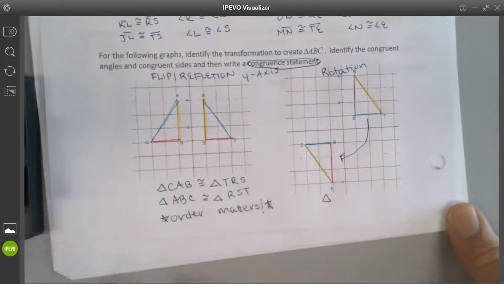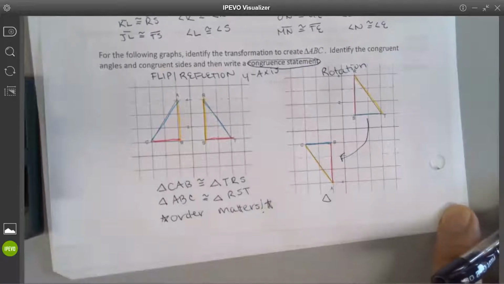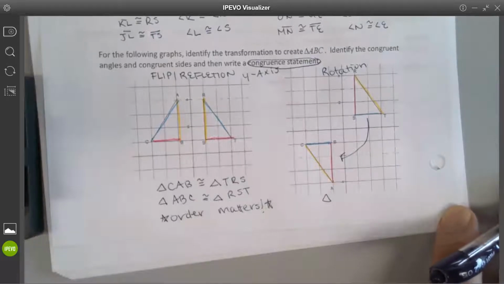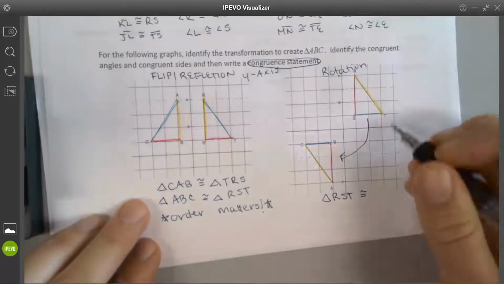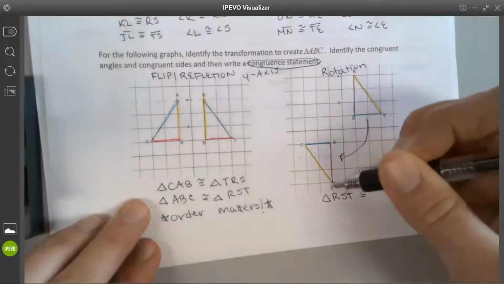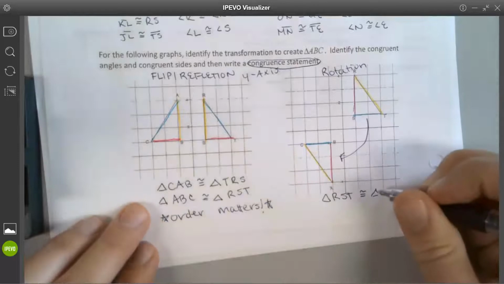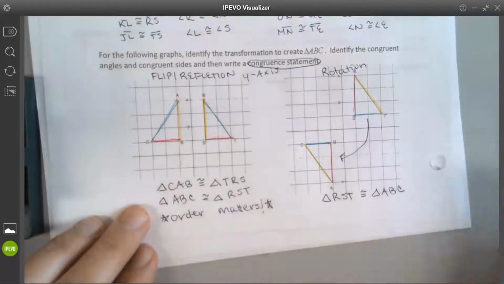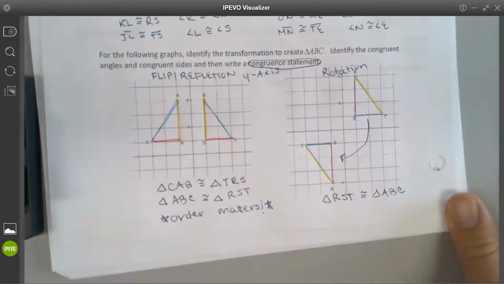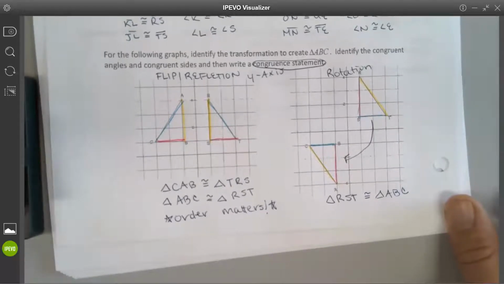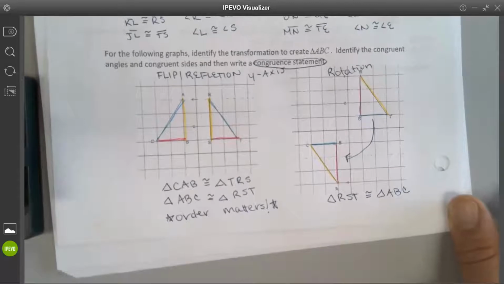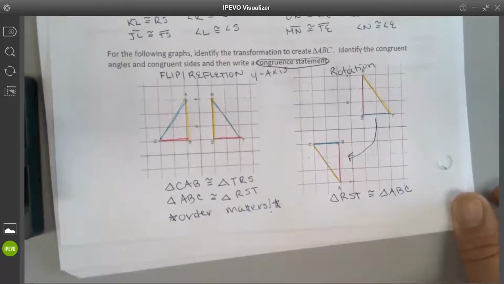And again, there's three different ways really that I could write this from one triangle to the other. So RST, R to S to T, is congruent to A to B to C, agree. Triangle ABC, just matching up the sides that match and the angles that match. And there's other ways that you could write it. That's just one option of how to write a congruency statement.